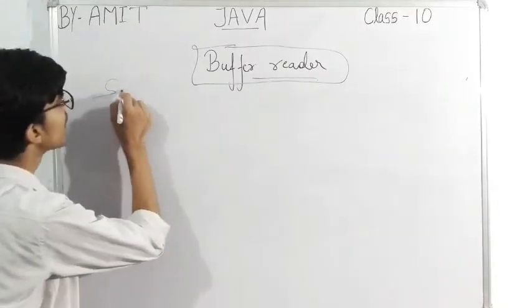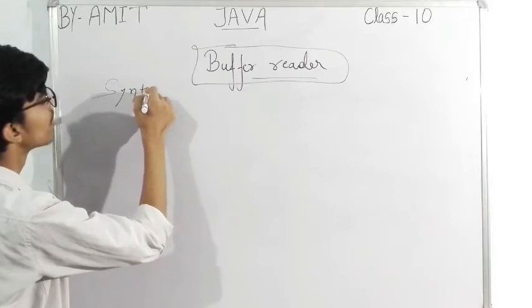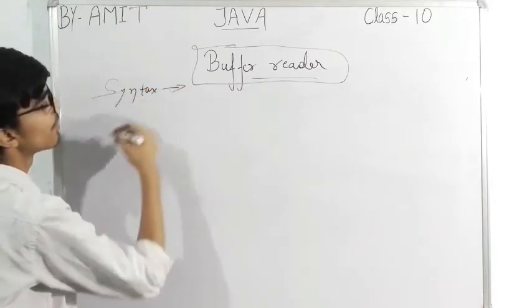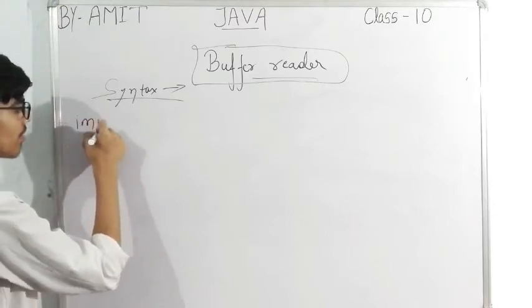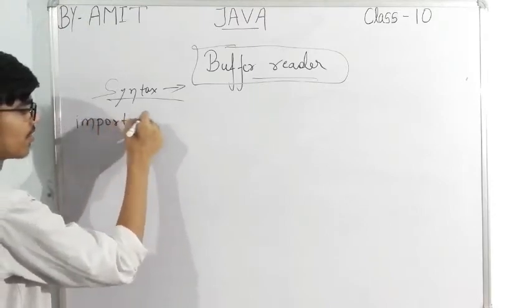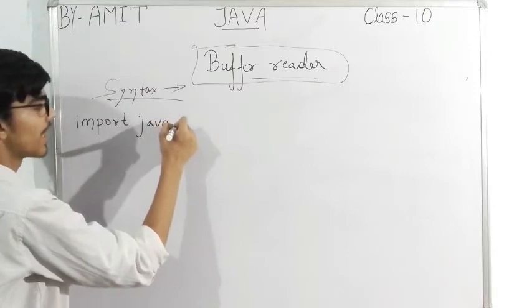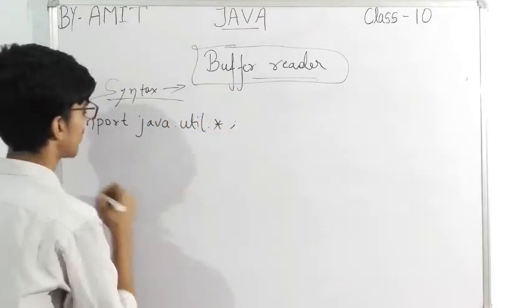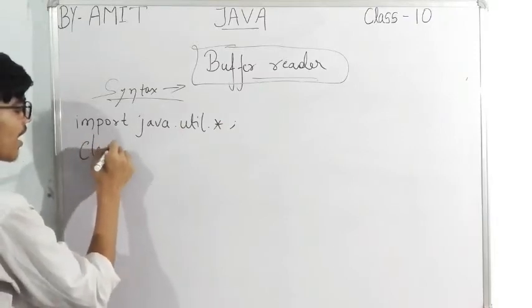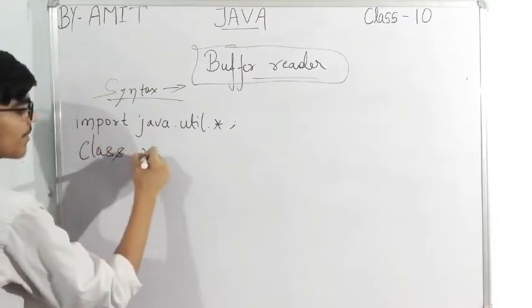Now the syntax for this buffer reader. First we have to write import java.util.*, then class and the name of the class, as in the scanner class.